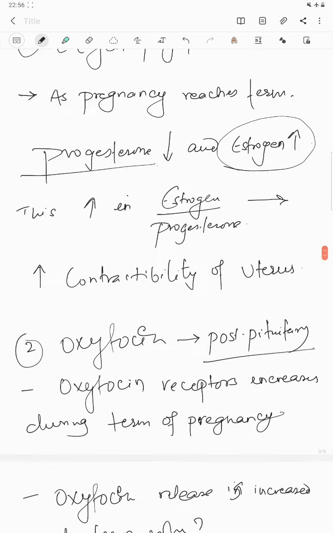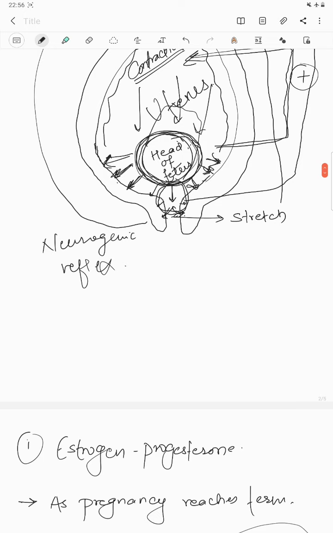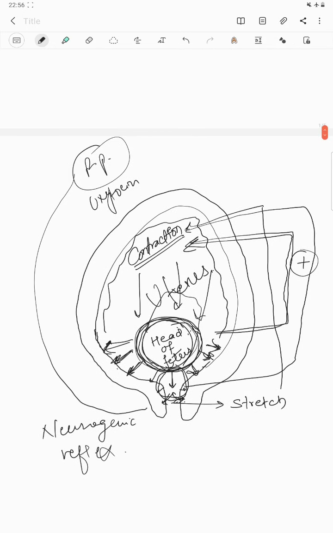So to conclude this physiology of parturition, what we should know is there are hormonal factors and mechanical factors that play a role in parturition.